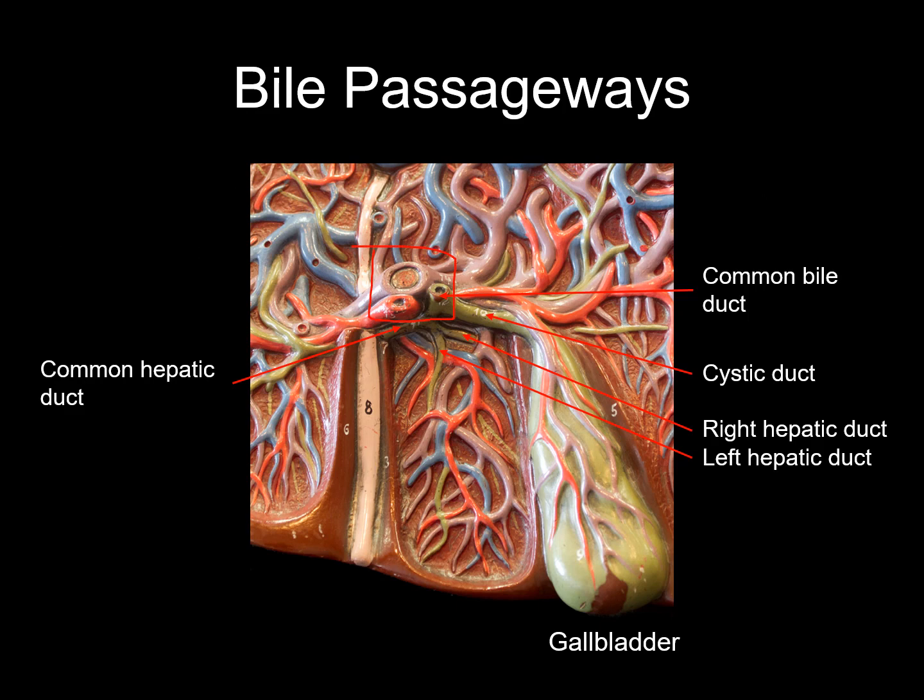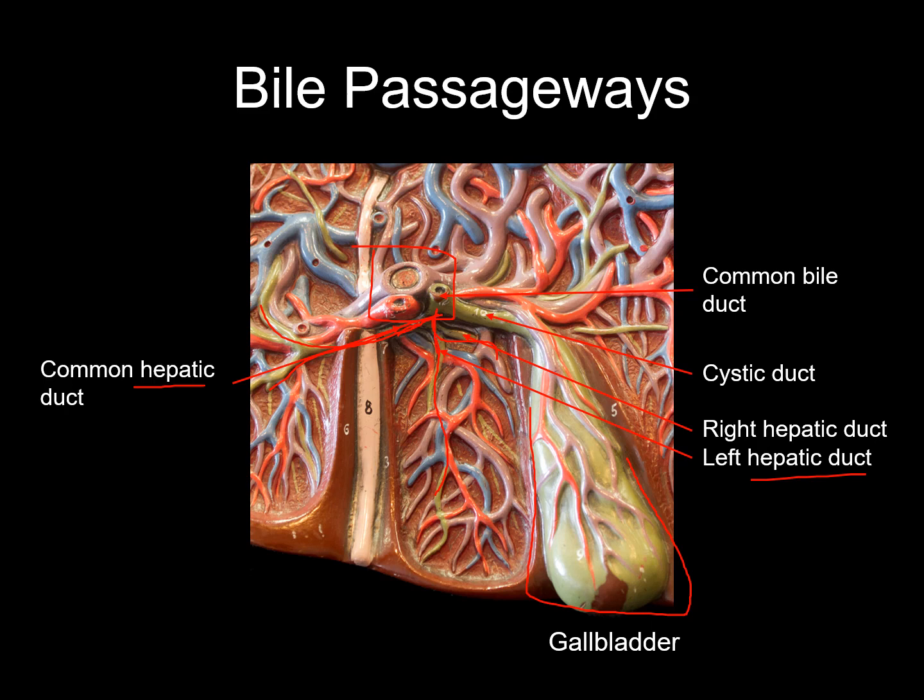This is our same picture from before. We have our porta hepatis with our three structures. We talked about the vascular side, but let's talk about the bile side. Here's our gallbladder in green. This large structure here is our gallbladder. All the cells, the hepatocytes, are producing bile, and then it's drained through either the common hepatic duct, if you're coming from this side of the liver, or through these right or left hepatic ducts.